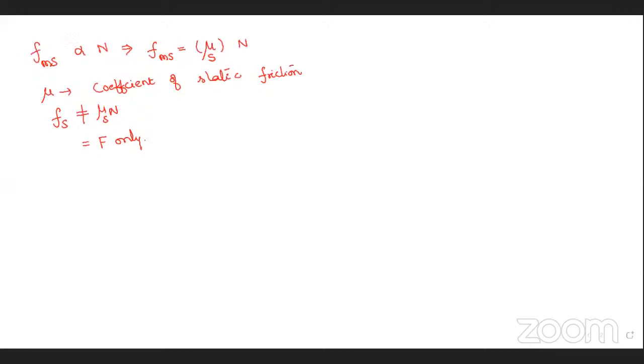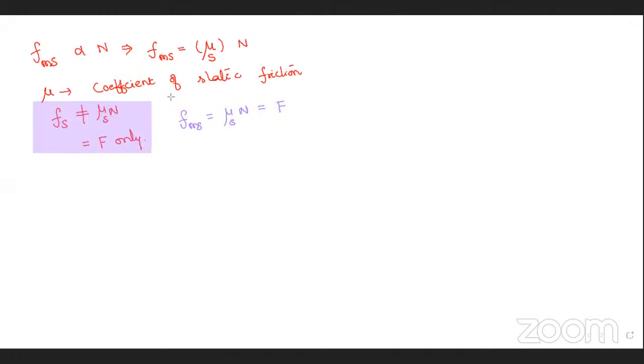If you don't understand this point properly, then there are a lot of chances of mistakes while solving problems. FMS is the maximum value, Fs is not the maximum value. Only to find FMS, you can use the formula mu s into N. Luckily, it is also equal to the applied force at that time.